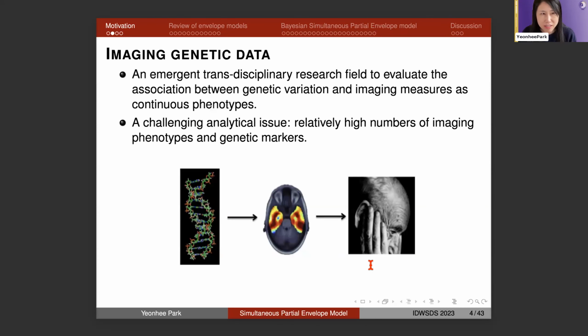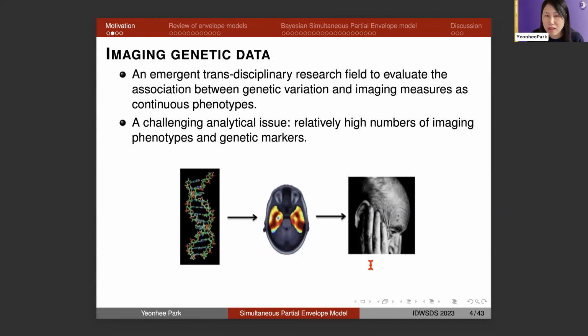Imaging genetics is an emergent transdisciplinary research field to evaluate the association between genetic variation and imaging measures. The challenging problem here is that the number of imaging phenotypes and genetic markers are relatively high.